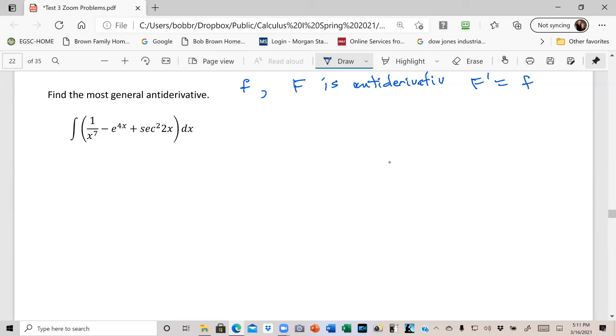So we want to take the antiderivative of this function, and notice we can always add a constant to it and it will still be an antiderivative, and it will then be what we call the most general antiderivative.